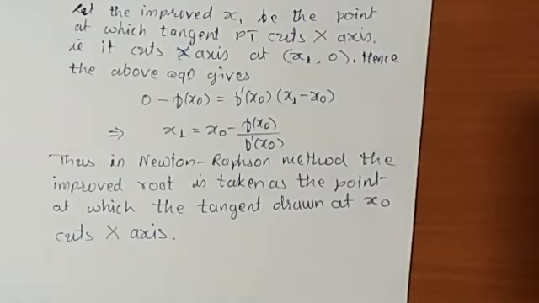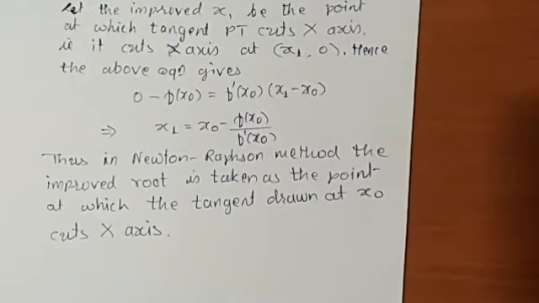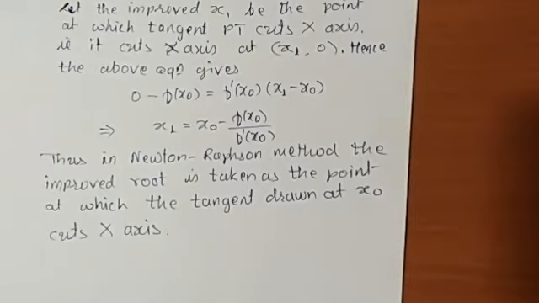So this is the geometrical meaning. That is, we can arrive at the Newton-Raphson method formula by considering the point at which the tangent cuts the x-axis as my next improved route.